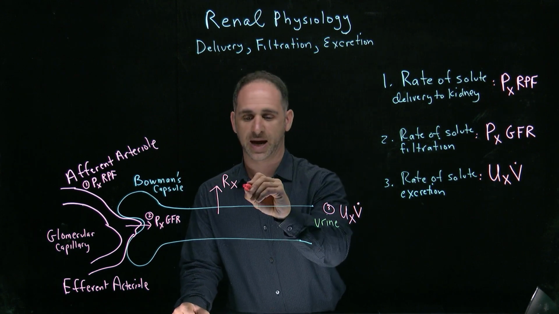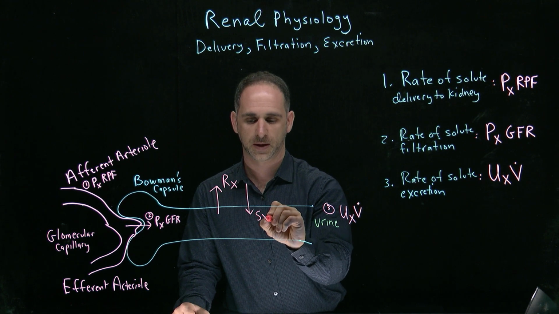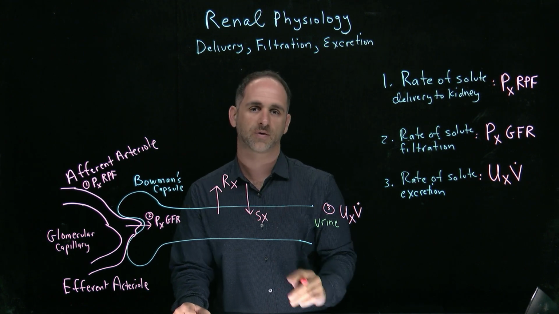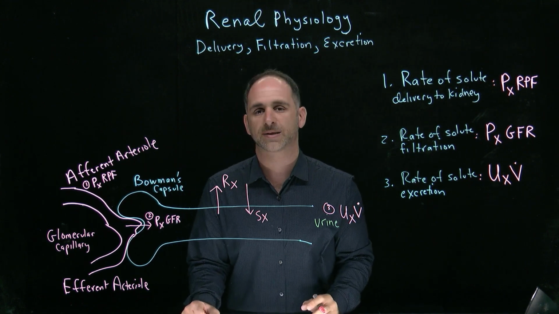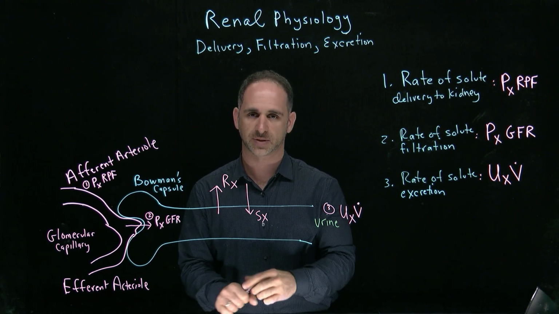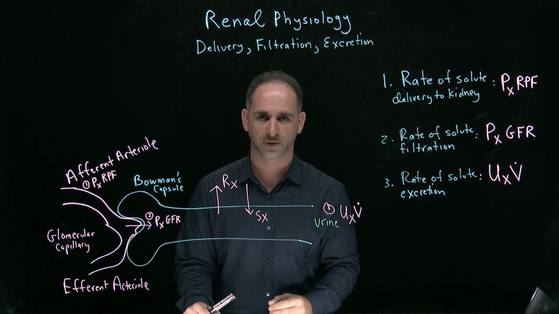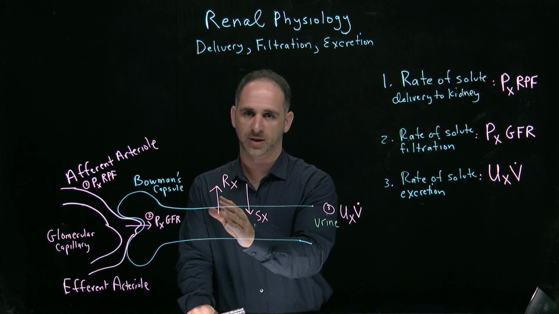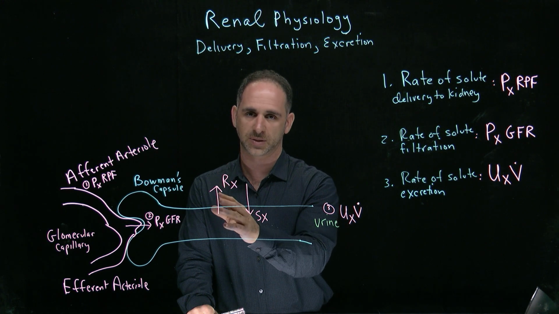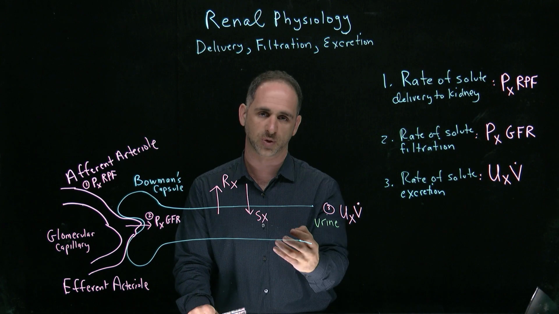It's possible that X could be secreted, okay? And together, if you wanted to call it transport of X, that would be fine. Now, not all substances behave this way. Some substances are not reabsorbed or secreted, things like inulin, for example. You have substances that are only reabsorbed, you have substances that are only secreted, and you have substances in some cases that are both reabsorbed and secreted.